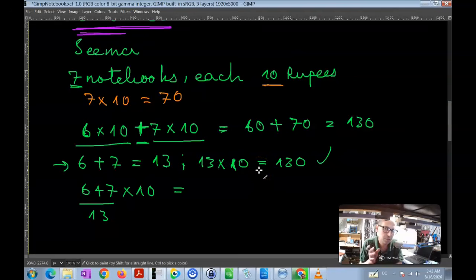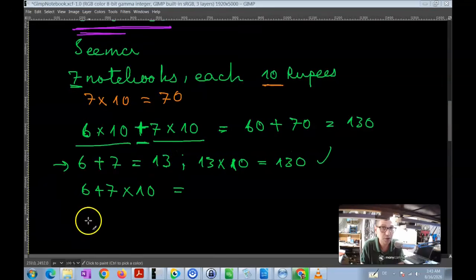But the problem is that because you have these priorities in evaluating these expressions, it's not possible to write the exact same thing.